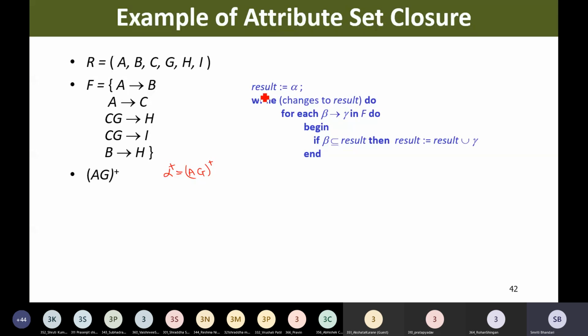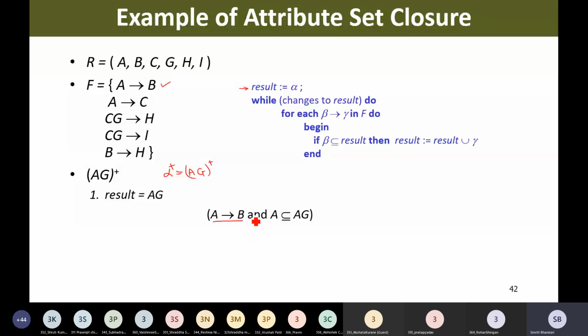So we have this algorithm with us. Whatever the algorithm says, the first step is that result is assigned alpha. That means initialize result with alpha. We want to compute AG plus, so we have result equal to AG. Now what next? We pick every functional dependency from F and follow the next step.